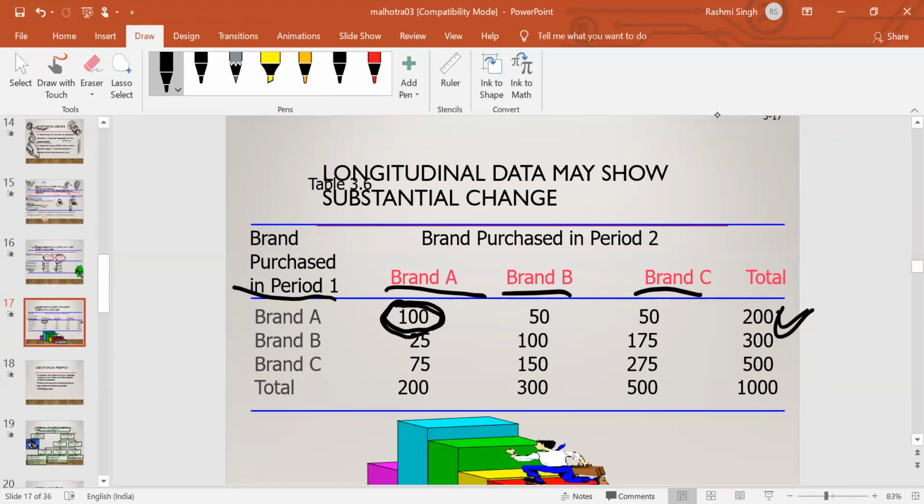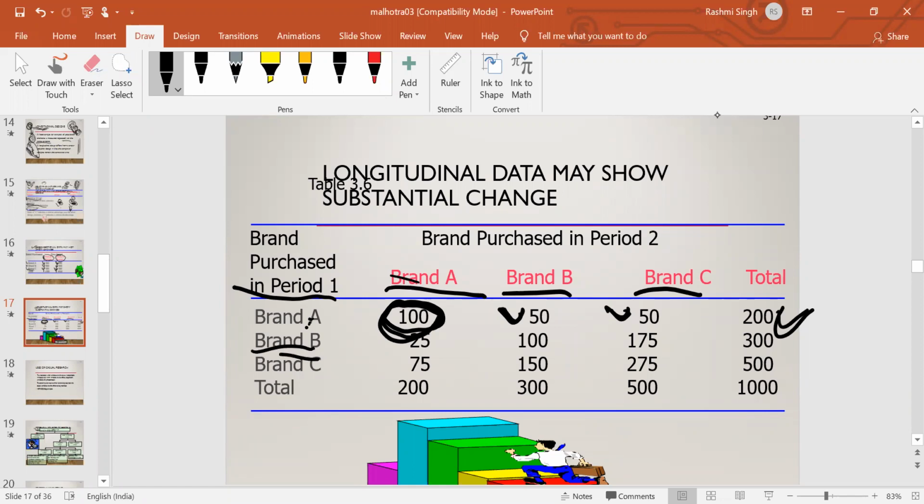Now if you look here, for time period 2 only 100 times is brand A preferred over other brands. Brand A in period 2: here you are purchasing 50, here you are purchasing 50. So it is showing the changes in how many times brand A is preferred over the other brands.